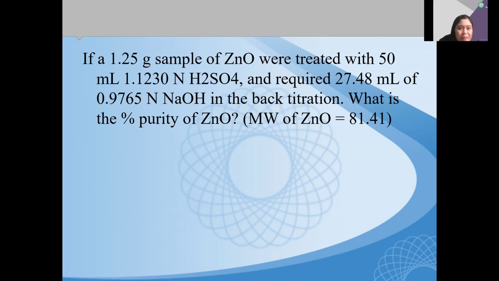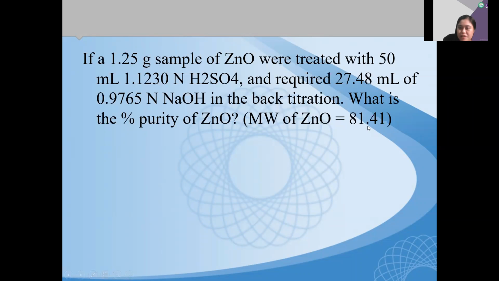So for the example, we have here if a 1.25 grams sample of zinc oxide were titrated with 50 ml 1.1230 normal sulfuric acid, that's the first titrant, and required 27.48 ml of 0.9765 normal sodium hydroxide in the back titration. Back titration is synonymous to indirect or residual titration. So what is the purity of zinc oxide?